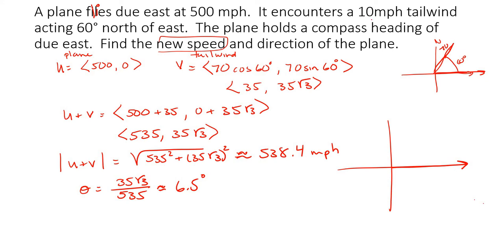oh, that should have been a 10 mile per hour. Why did I say 70? That should be 10. Let me see if the rest of my numbers are right. I did this earlier. 10 sin 60.